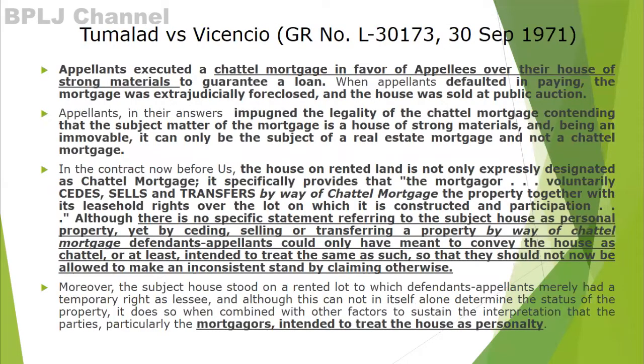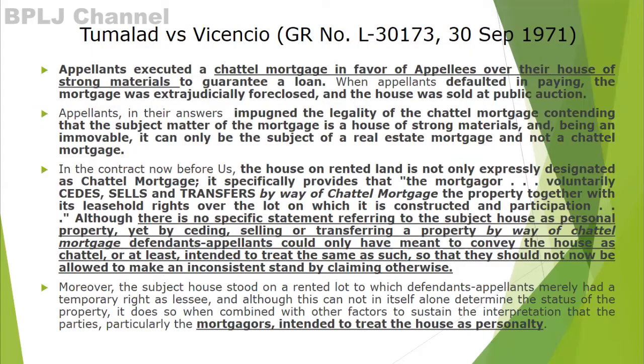Okay? We also have another case, Tumalad versus Vicencio. In Tumalad versus Vicencio, the Supreme Court tells us that in this case, there was a chattel mortgage which was executed by the appellants in favor of the appellees over their house of strong materials in order to secure a loan.